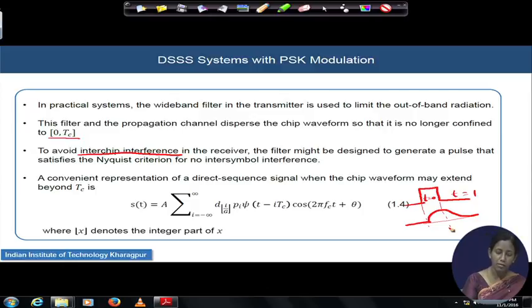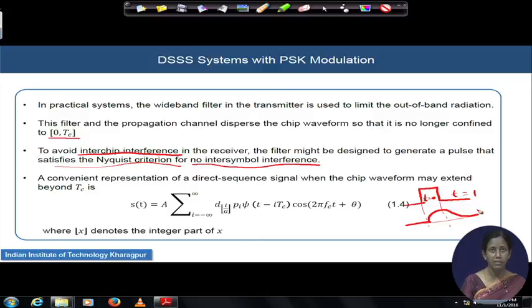So, the pulse design that I was mentioning, we have to take care of, and we have to design the pulse in such a way that it satisfies the Nyquist criteria, which confirms that there won't be any intersymbol interference or interchip interference between the transmitted symbols. So, once it is received, there won't be any effect of the interchip interference or the intersymbol interference.